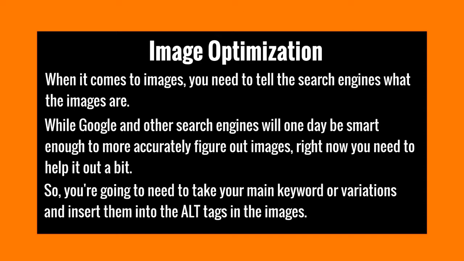Now, the second keyword, you don't want to put the same keyword. You want to put a variation of that keyword. Or based on what we talked about earlier, having the main keyword and then keywords related to that keyword, you can put those in the other images. But you have enough where Google looks at it and thinks, okay, all these images are related.